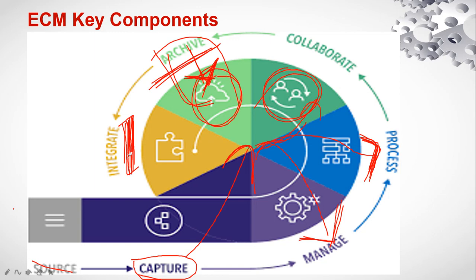So the ECM platform allows you to integrate with other third-party systems. It will provide a lot of services like REST services or SOAP services, or some APIs, in order to integrate the ECM platform with the other third-party systems. So that will come under integration.